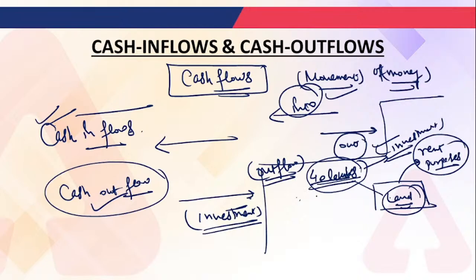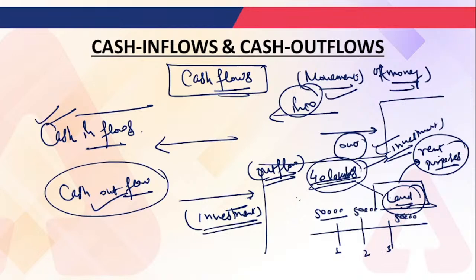Okay, and suppose that, since it is for rent purposes, from this land the company is going to get money in the future, say 50,000 rupees per month. For the first month 50,000, for the second month 50,000, for the third month 50,000.